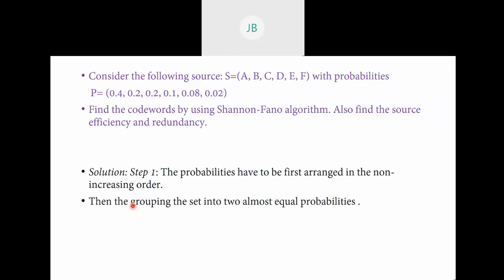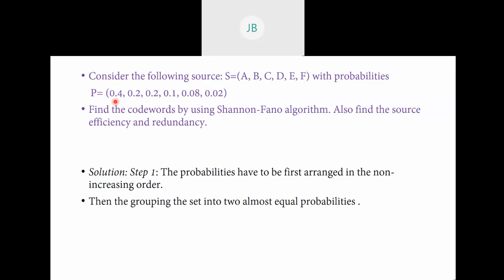And then the next key step is to divide all these probabilities, which represent different symbols, into two groups. How do you do the grouping? When you divide into two groups, the probability values must be almost equal in both groups.